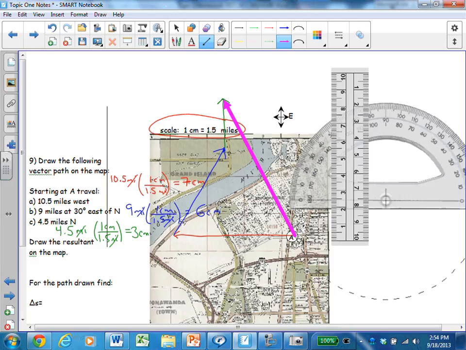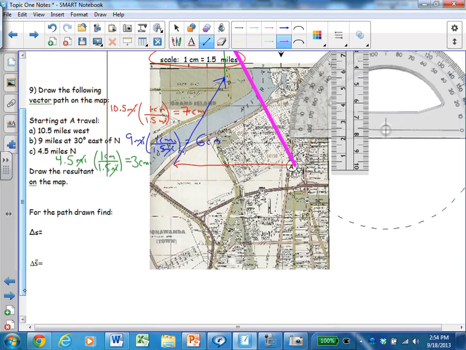Now this thing right here, delta S, represents the distance. The distance is just the sum of how far you went. So if we had to sum up this distance here, how much did we go initially? 10.5. Yeah.